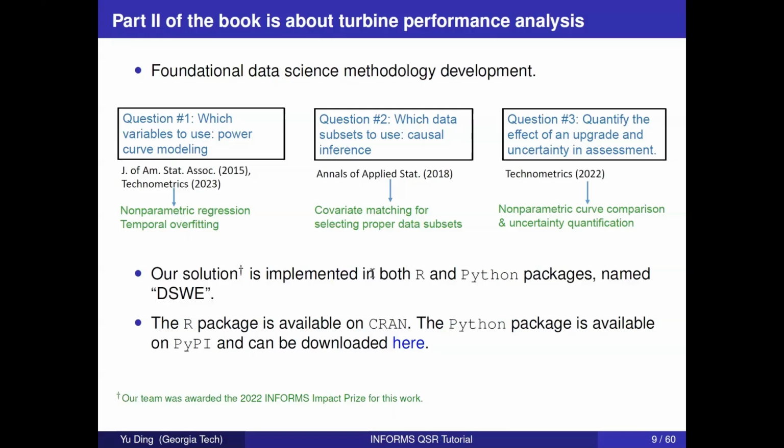I mean, the before and after action less comparable. So there's a question about which data set you're going to use. This relates to the so-called causal inference literature. The last one, as with everything we do in industrial engineering and applied statistics, we like to quantify the uncertainty, not only quantify the effect of the upgrade, but also the uncertainty of that assessment.